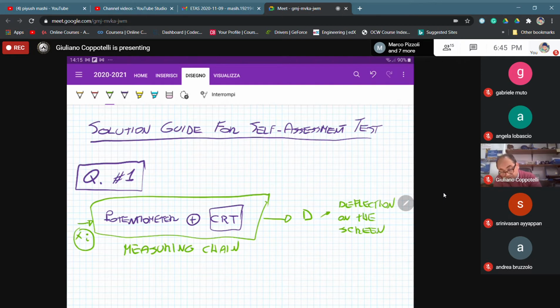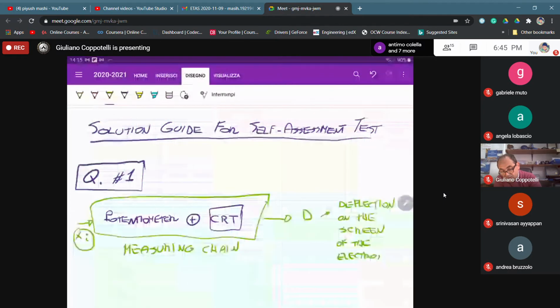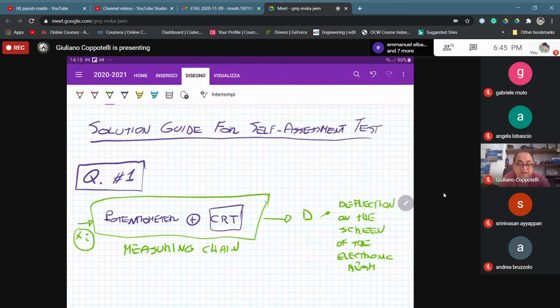In order to assess that, I'll give you the equation in the text. So we have to put the things together.